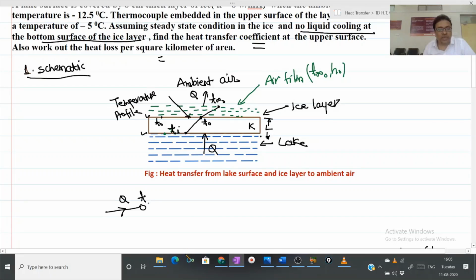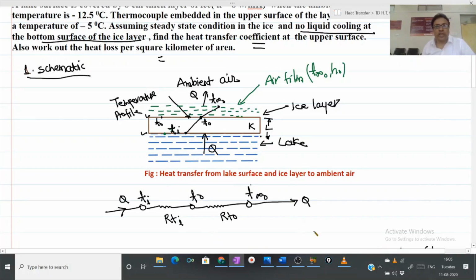First thermal resistance will be offered by the ice layer between the temperatures Ti and TO. Let's say it is represented by RTi. Second thermal resistance will be offered by the ambient air film between temperature TO and T infinity O, and it is represented by RTO, and finally it will be dissipated.